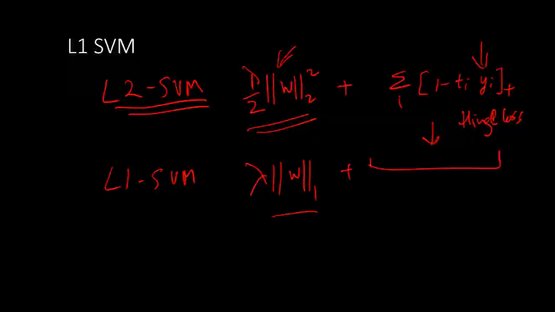So this is another embedded method, quite similar to the Lasso method, but instead of logistic regression, we have the hinge loss on each of the samples. The final method that I will talk about for reducing features is principal component analysis. We will reserve the math for a later class when we look at unsupervised methods.